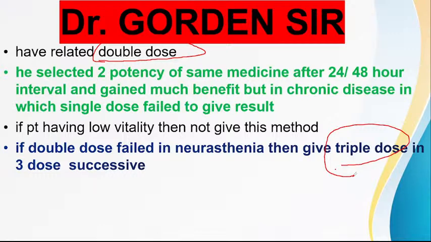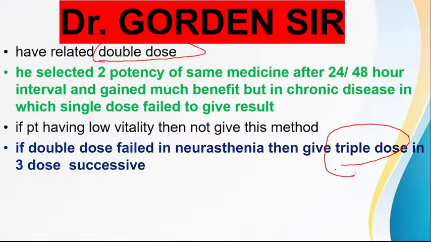So, to summarize Dr. Jordan sir's idea: those patients who fail to give a result with a single dose, in that type of patient we can try a double or triple dose, that is successive doses, in a 1 or 2 days gap.